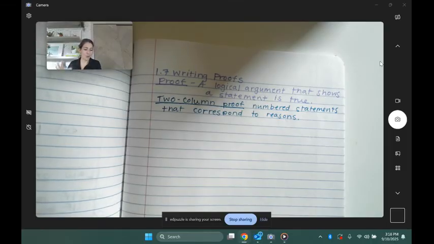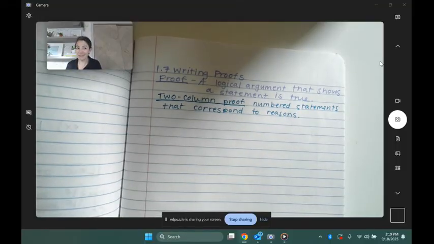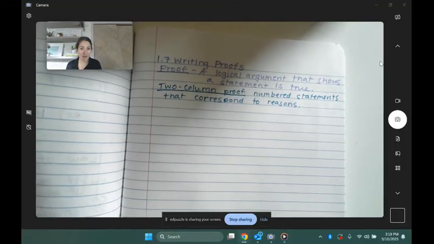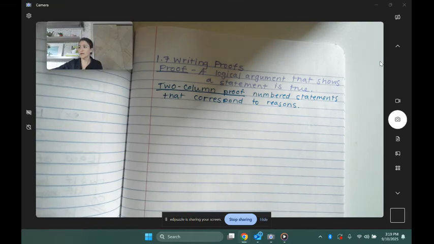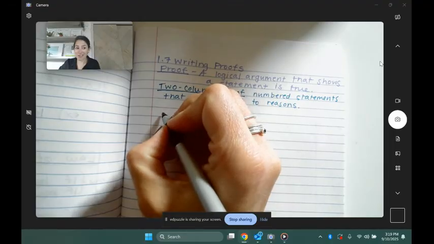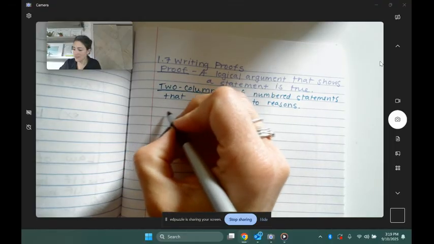Okay, before we start, I'm going to define a couple things, and I hope some of these sound pretty familiar to you. You may not have had them defined in a long time, but you know what these are.